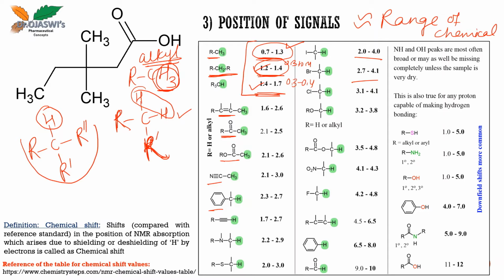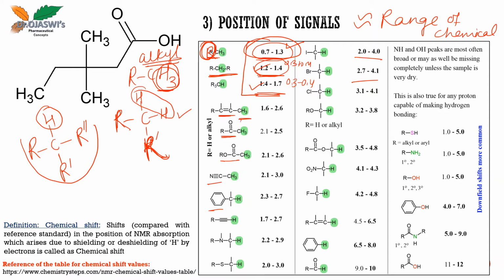In many structures a CH3 group would be present, but that CH3 group doesn't appear at the same position in the 1H-NMR spectrum. It doesn't happen. Same CH3 can appear anywhere between 0.7 to 1.3, based on the R.